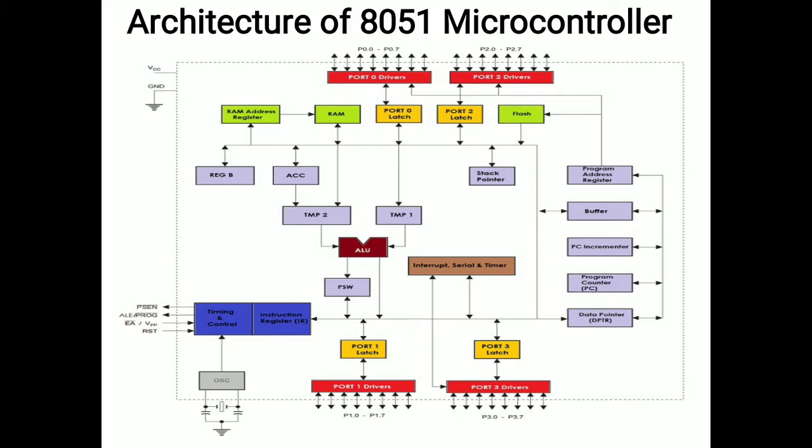So consider a reverse C type of structure, that is from bottom left to right, then from right bottom to right top, and then from right top to left top. In this way we proceed to draw the architecture of an 8051 microcontroller.